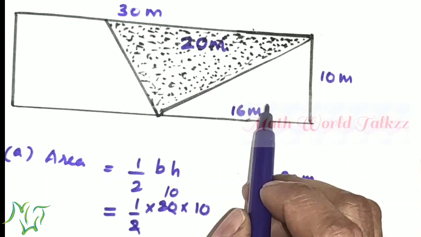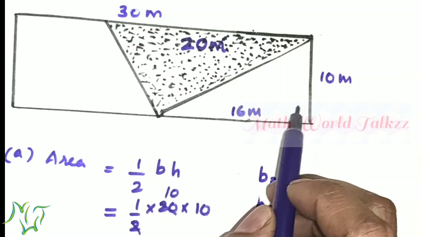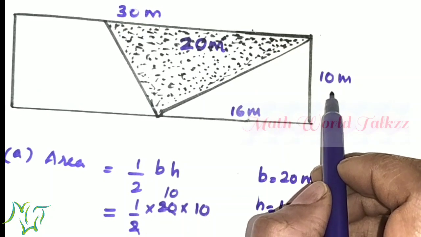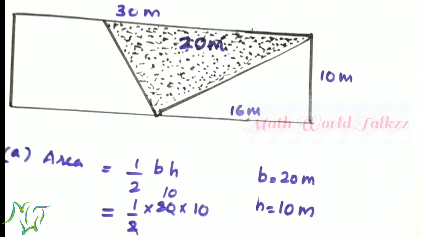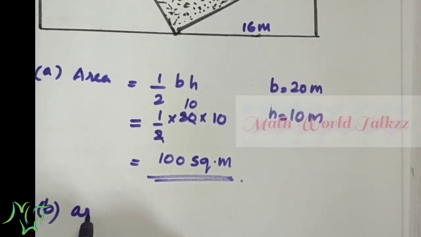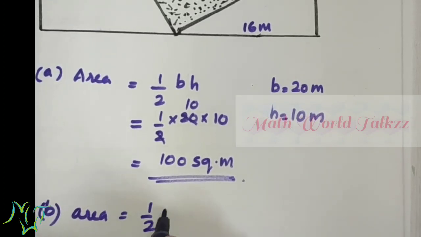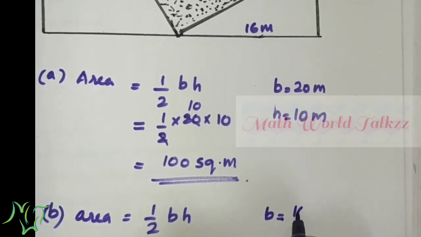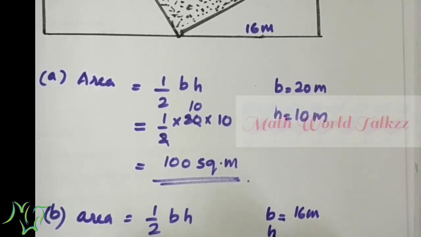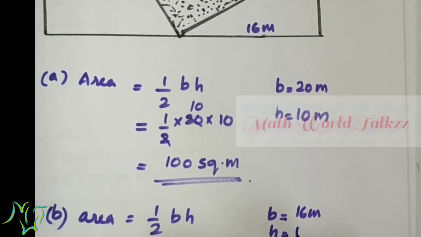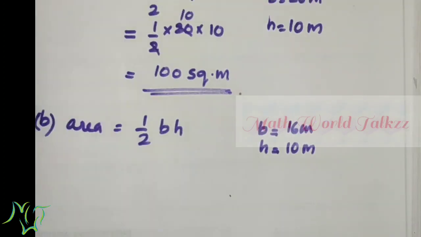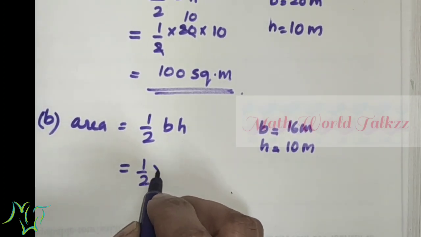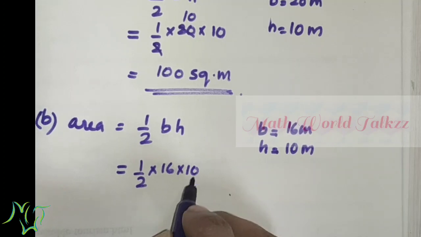And we know the area of this triangle is half BH, where base is 16 and height is 10 meter. So this is equal to half into 16 into 10.